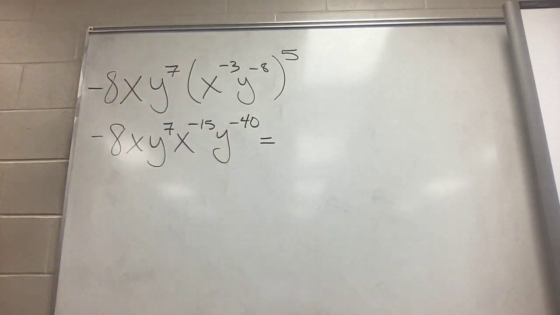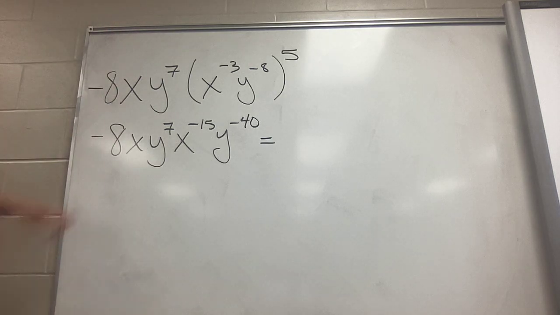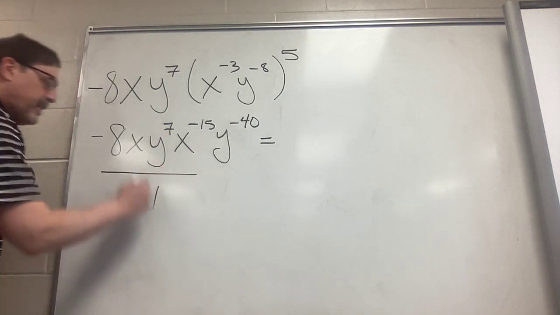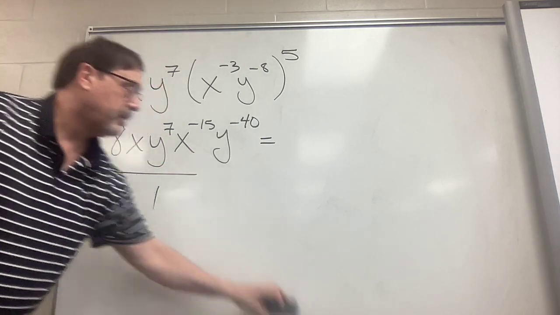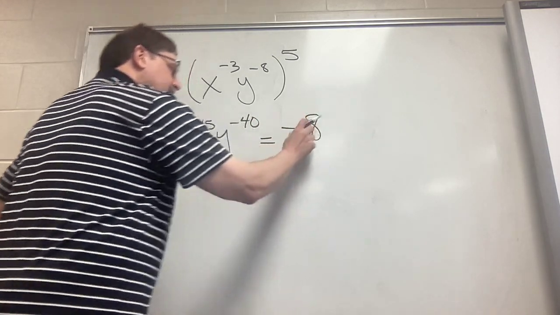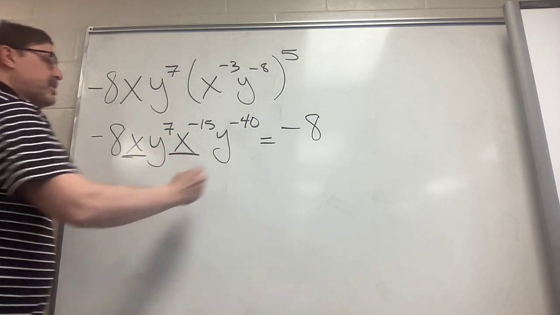I'm going to make a suggestion. Before we move anything up and down, we combine whatever we can combine. Folks, I can't stress this enough. This -8 is not an exponent, it's a -8. It's currently on top of an unshown one of a denominator. It's not going anywhere. I'm now going to combine my x's.